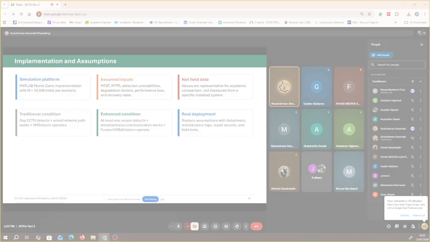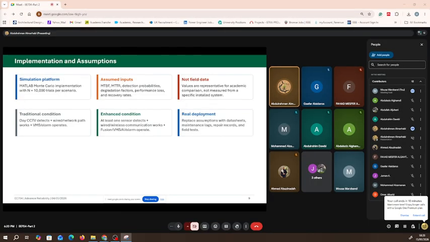In a real deployment, these assumed values should be replaced by the manufacturer datasheet, maintenance log, repair records, and field detection test results. The traditional system is successful only if the day CCTV detector detects the event, the wired or network path works, and the video management system operates.